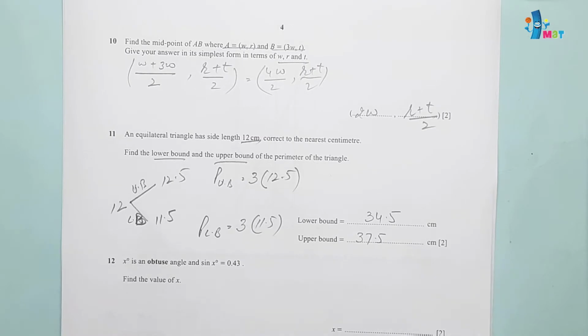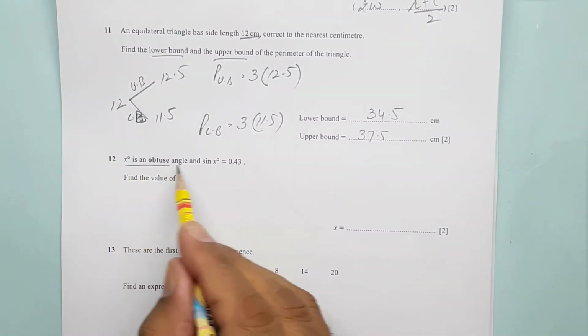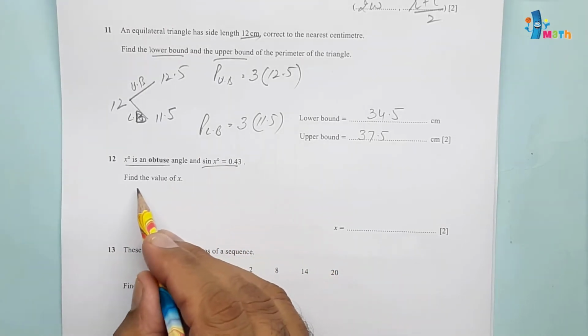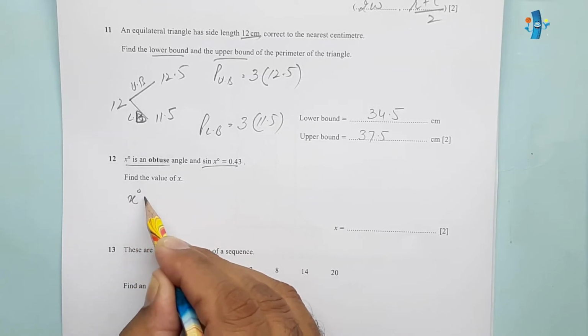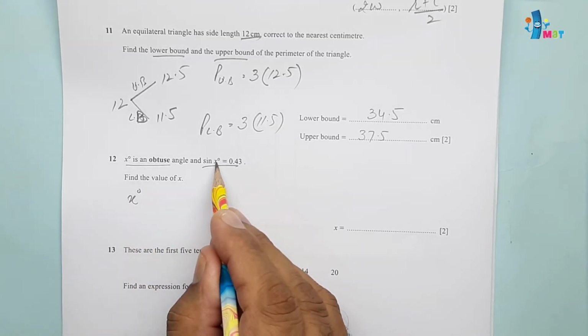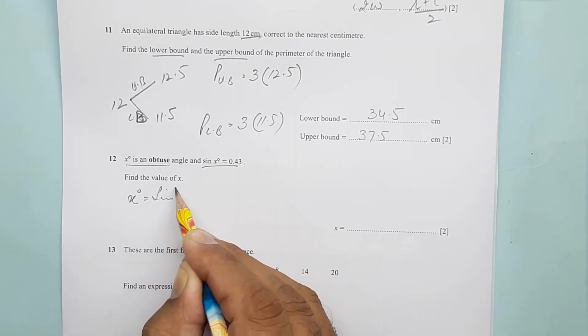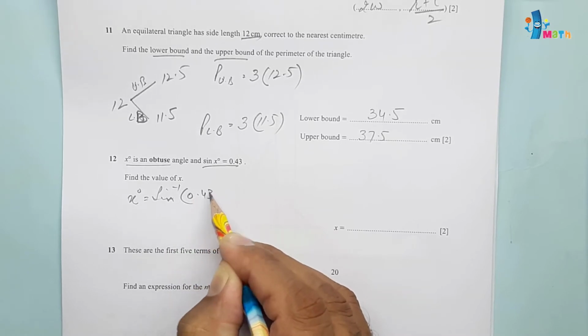Question number 12. X degree is an obtuse angle. Sine x degree will be equal to 0.43. Find the value of x. So we can write x degree, and sine we can shift to the other side. So it will be sine inverse of 0.43.